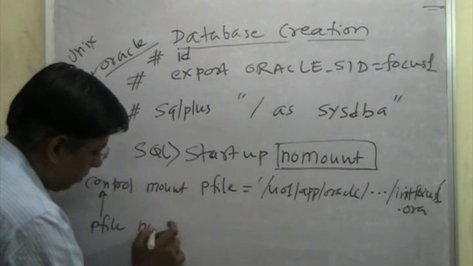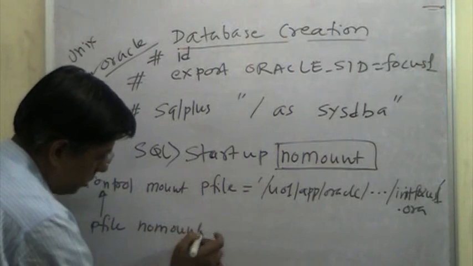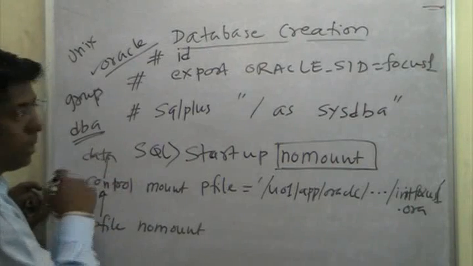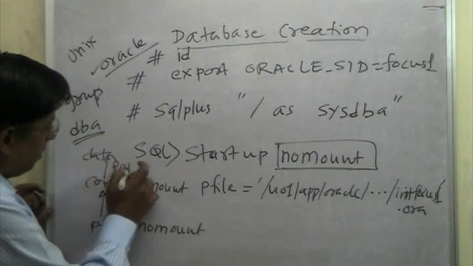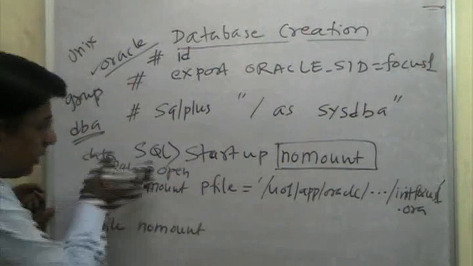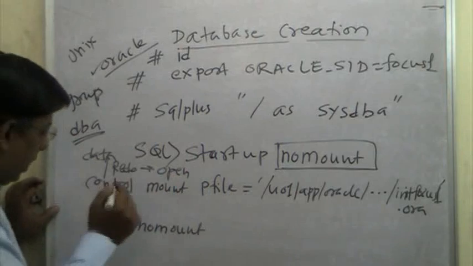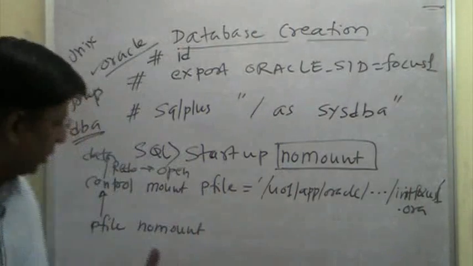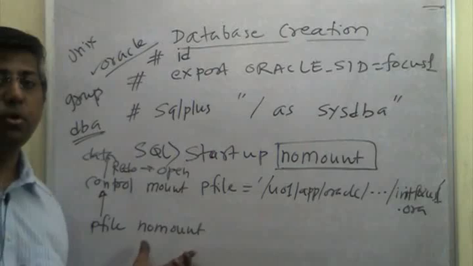So this is nomount. And then if you have the data files plus the redo files, then the instance is said to be in the open state. So we will again discuss this in much more detail. When you have only the pfile, that means Oracle has read only the information in the pfile, we say that the instance is in a nomount state.